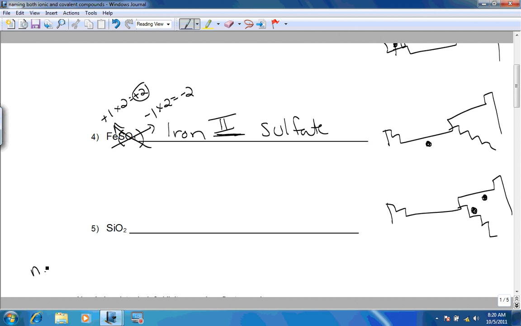So nonmetal and nonmetal, remember we're going to be using prefixes. So silicon. Because the first one's 1, we don't have to put anything in front of it. We don't have to use a prefix there. And we have 2 oxygen, so it becomes di for 2. And oxygen becomes oxide.